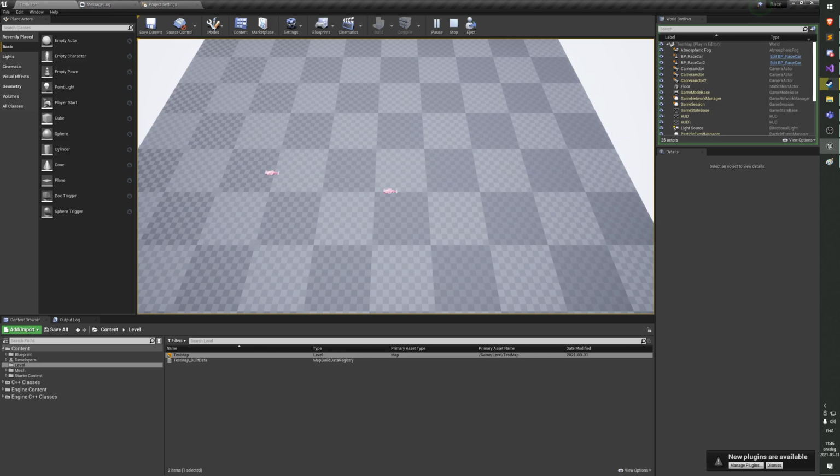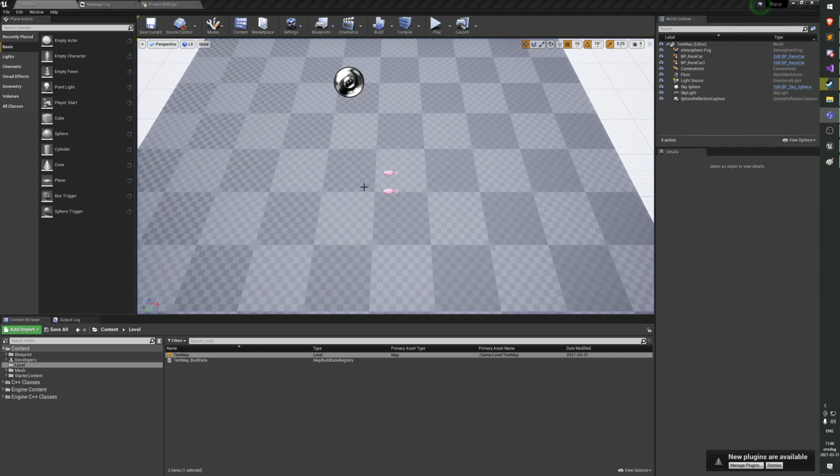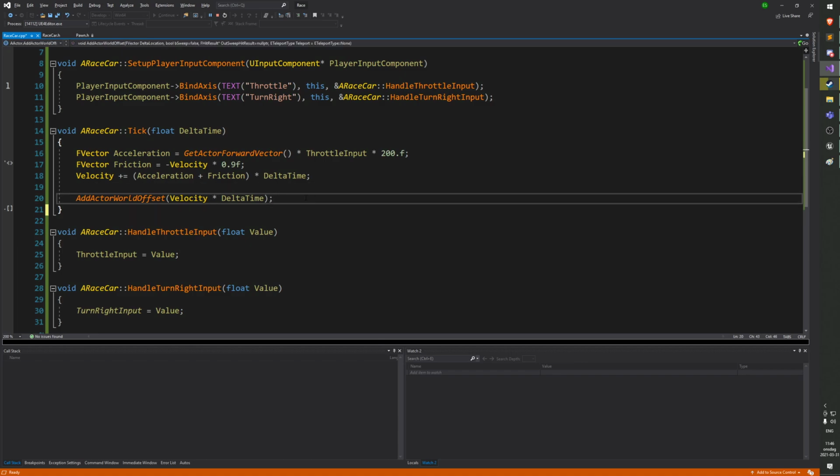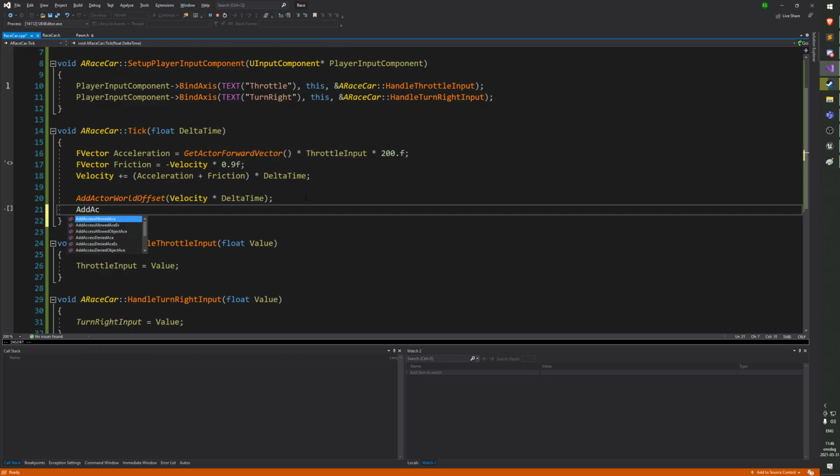Cool. So let's turn. I'll add actor world rotation. So I'll just make a rotator. We'll want to yaw again, so I'll do 0, and then we'll do our turn rate.